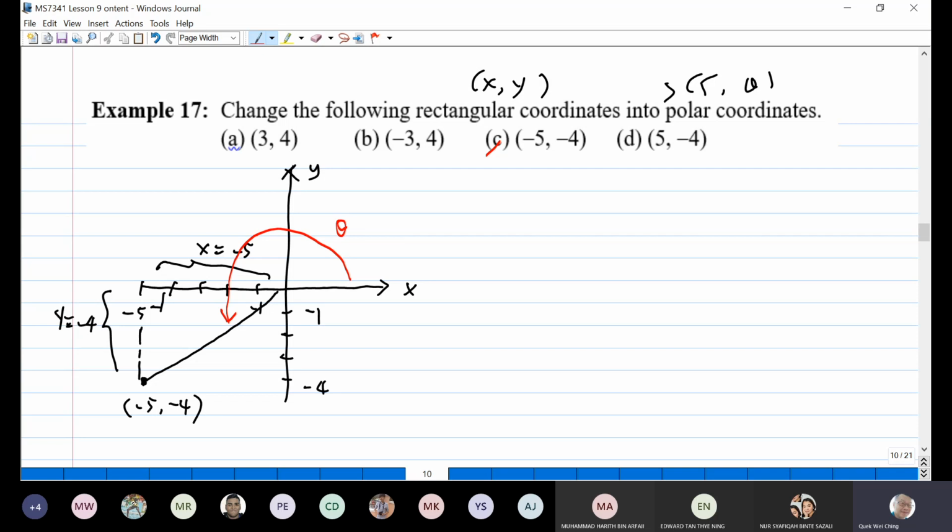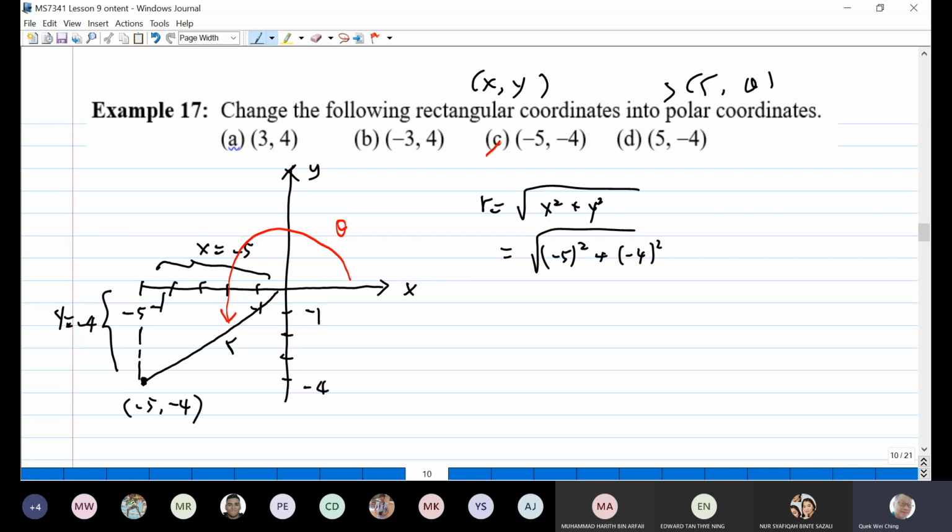So how to find r first? r is the distance from the origin to here. So r you can find out is the square root of x squared plus y squared. x is negative now, y also negative now.